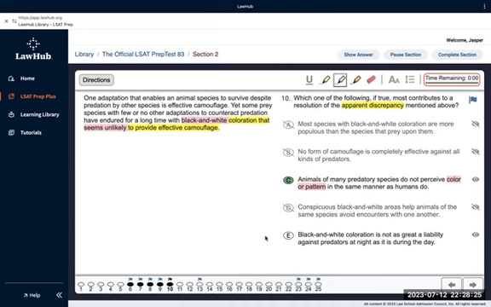E, black and white coloration is not as great a liability against predators at night as it is during the day. I mean, it's not as great a liability, but that's relative. Even if it's not as bad at night as it is during the day, we still have to worry about daytime, and we might still have to worry about nighttime, right?